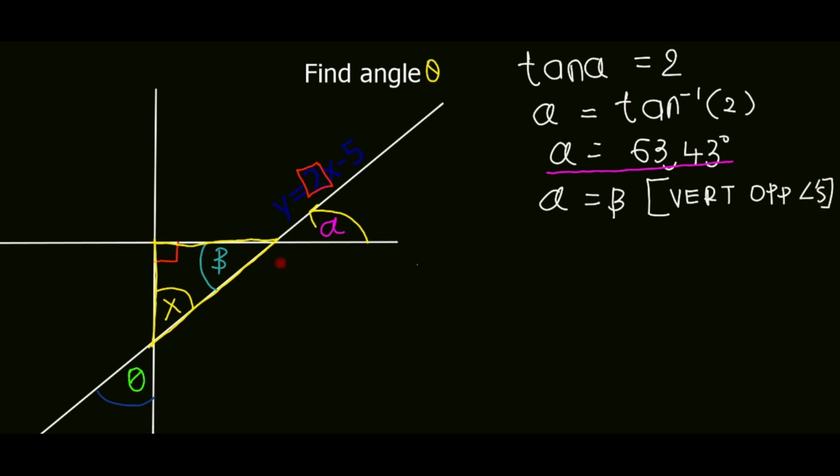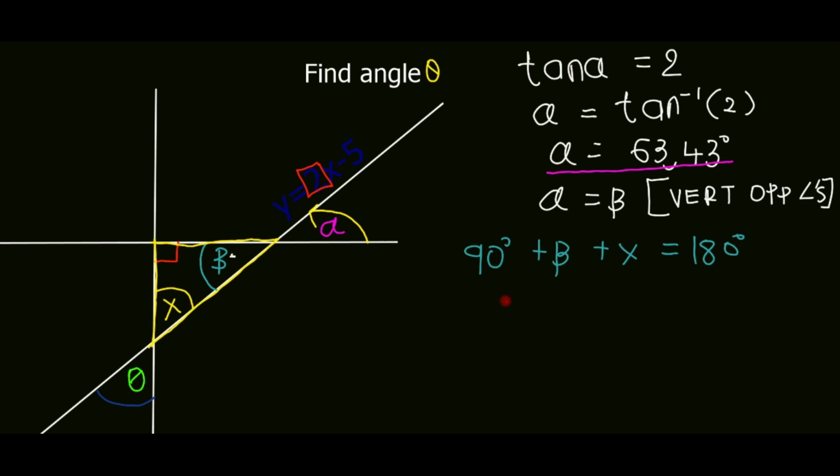So angle beta is 63.43 degrees, and now I can use the property of the sum of the interior angles of a triangle. So from there I can say 90 degrees plus beta plus x is equal to 180 degrees, representing the sum of angles of a triangle.